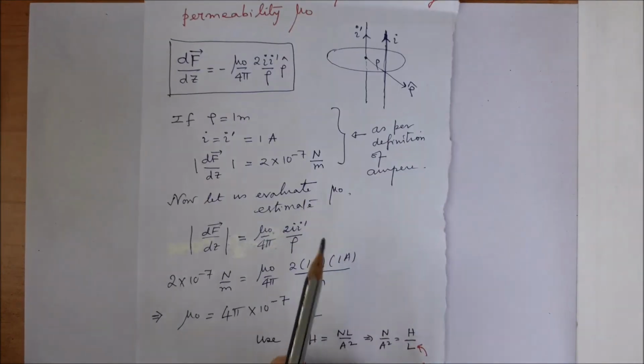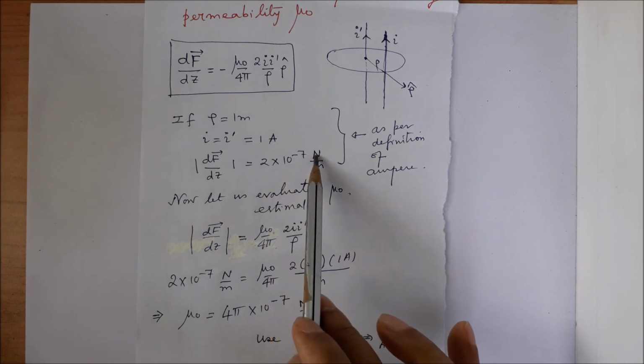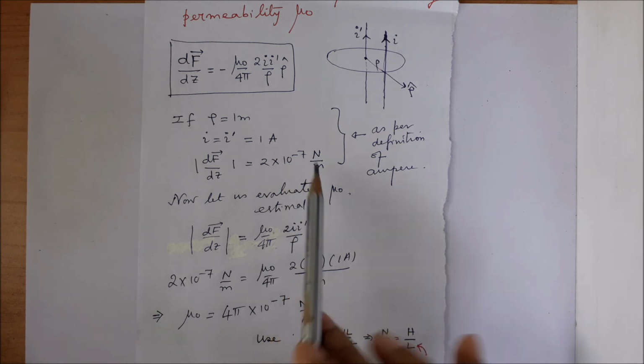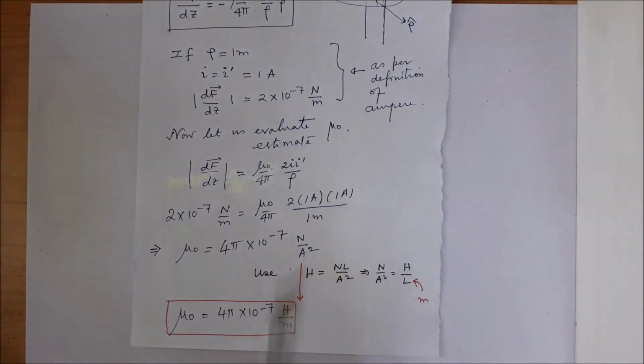Then the force of interaction as experimentally found is 2 into 10 to the power minus 7 Newton per meter. Then this Ampere's law of force gives us the value of mu 0 to be 4 pi 10 raised to the power minus 7 Henry per meter, and we have to take good care of the units to get everything right and consistent.